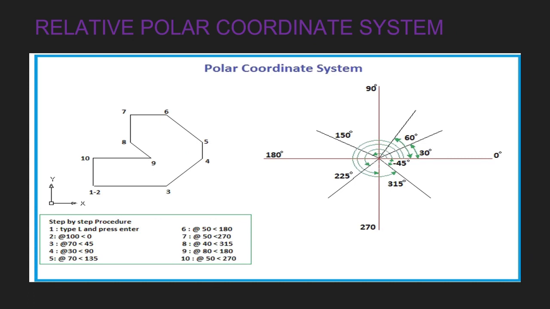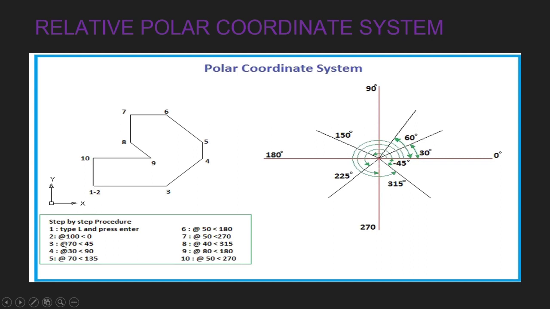And here we also have the relative polar coordinate. Here we don't consider the axis, positive or negative. We only consider the angle it lies on. See this line being drawn as an example. Here we start from point 1 to 2.